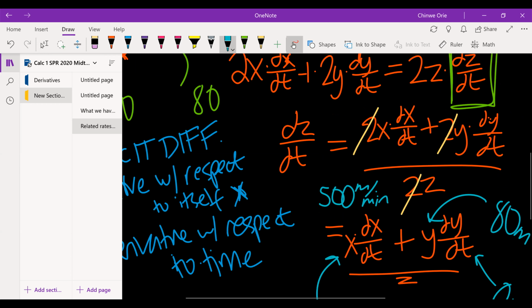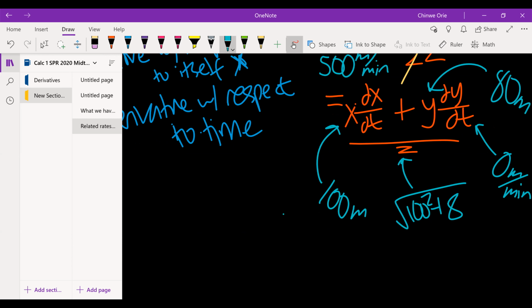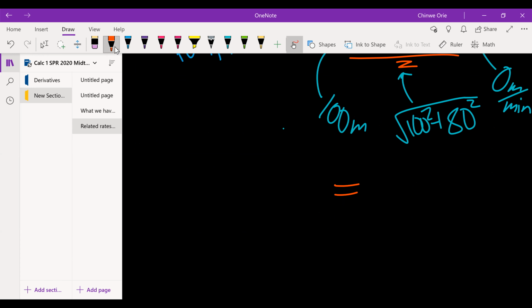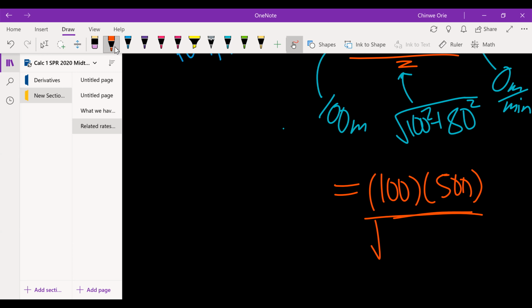And of course, z, you can solve for z, right? You can solve for z using the Pythagorean theorem. Your calculator can figure that one out for you. So at the end of the day, you've got 100 times 500 over this hypotenuse value.